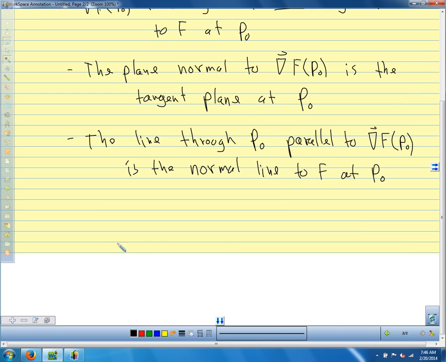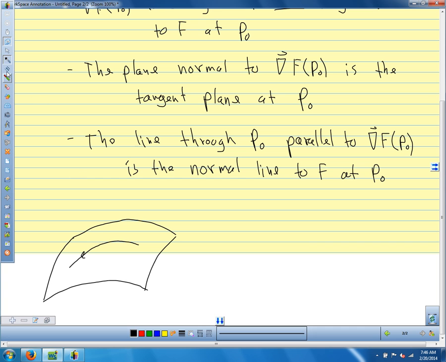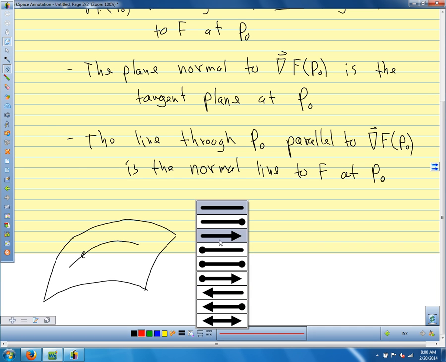So just another quick sketch of what we're talking about here. Here's my surface again. Here's my curve on the surface. We have a tangent vector to our surface. I'll do that in red. Make my little vector.